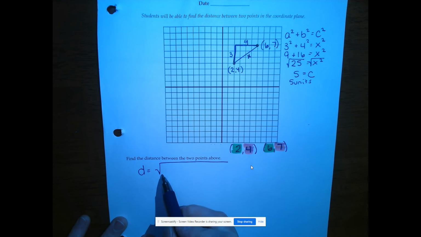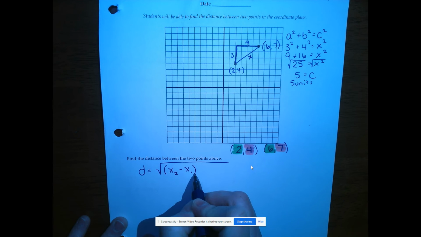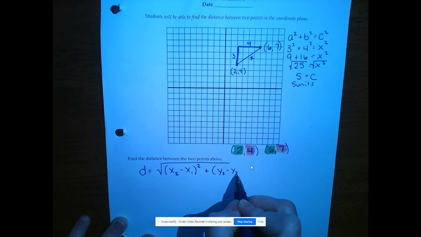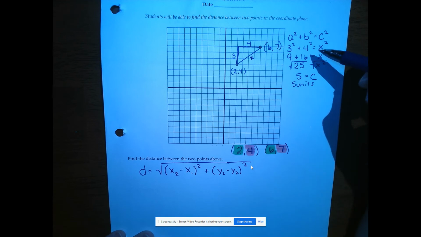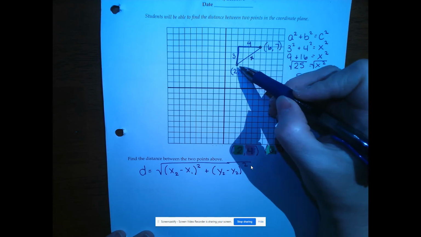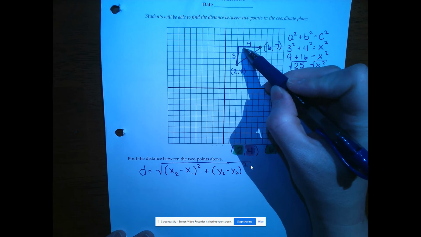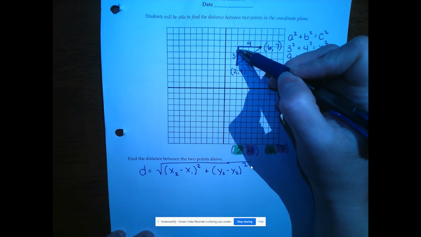So we've got the square root, and then we need the difference between the x coordinates squared and the difference between the y coordinates squared. And you're like, whoa, where the heck did you get that from? Well, the difference between the x coordinates is really when we said to get from 2 over to 6, the difference is 4. And the difference between the y coordinates, when you went from 4 up to 7, the difference was 3.